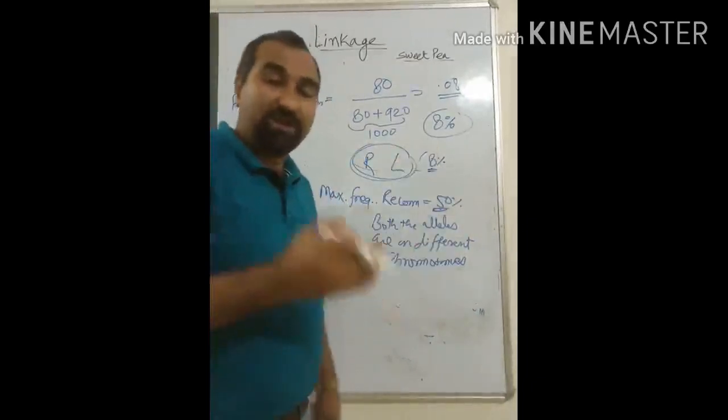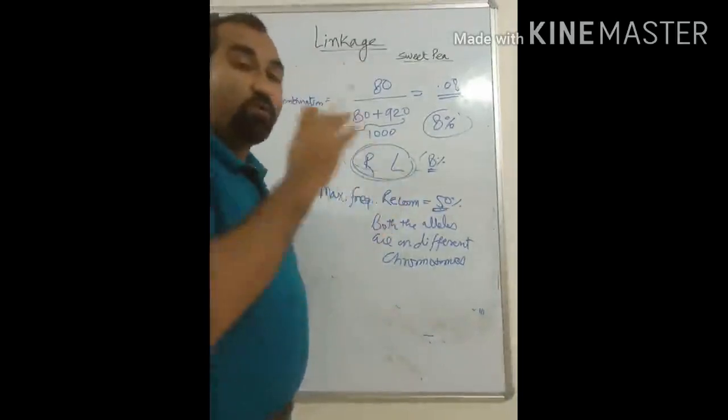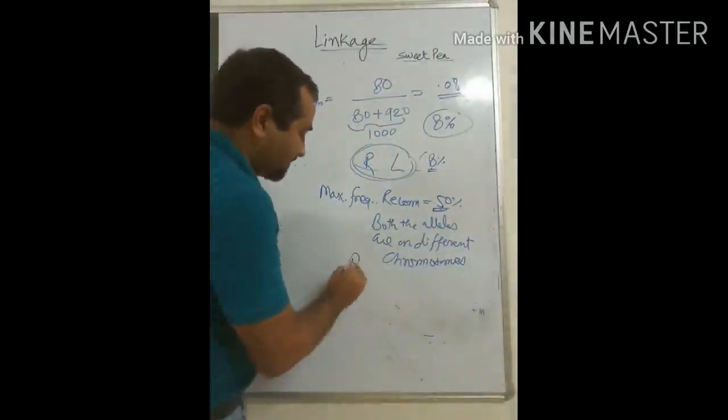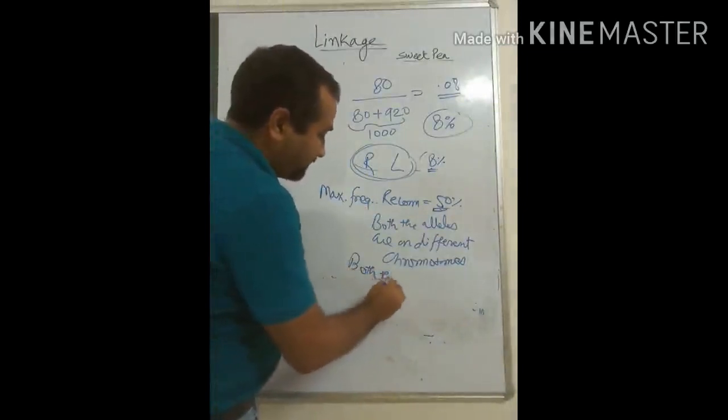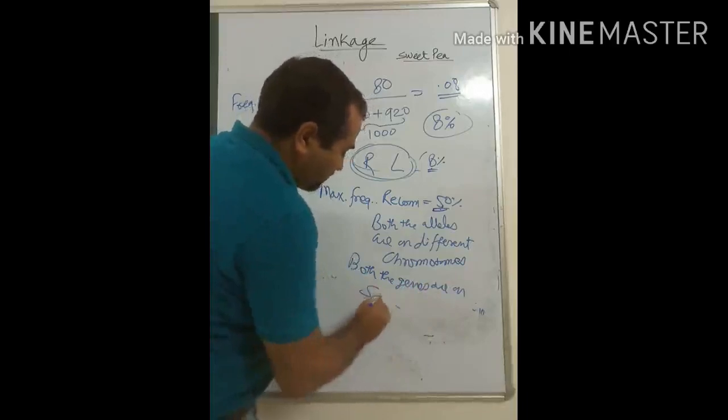Whenever the frequency of recombination is less than 50%, both the genes are present on the same chromosome.